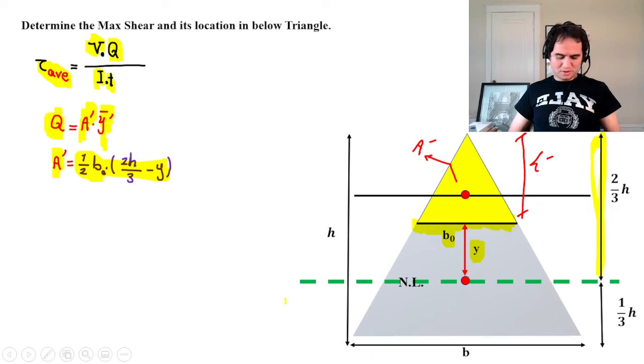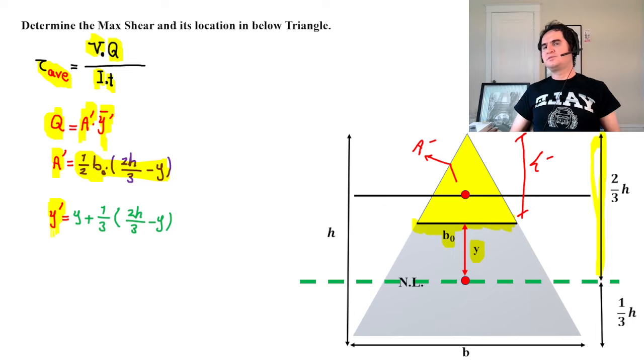Let's see how to calculate y bar. Y bar is the centroid of our element. So that's y from the neutral line, a distance of y plus what?